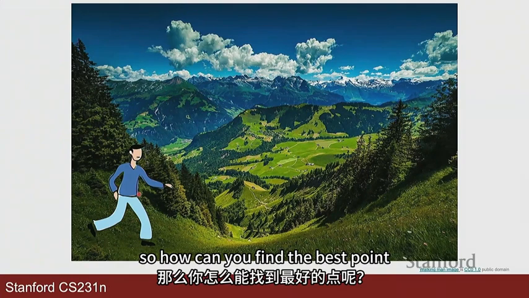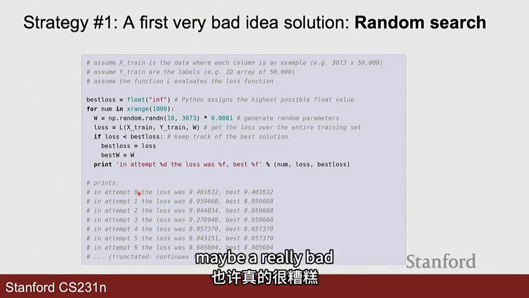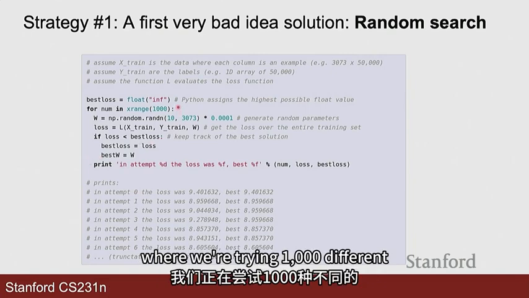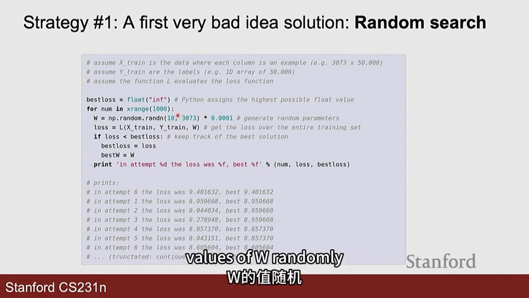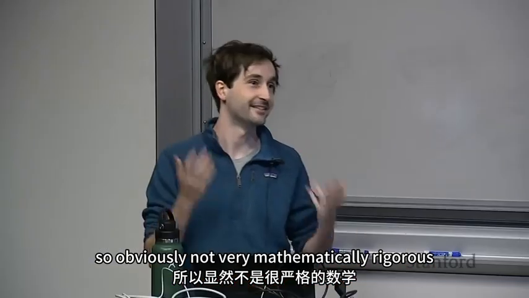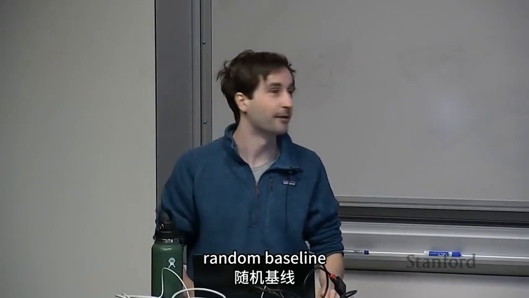So how can you find the best point? We could go with a really simple idea, which is maybe a really bad idea, but it could work. Here it's basically a for loop where we try 1,000 different values of W randomly, and we just choose the best one. Obviously not very mathematically rigorous, but you will do better than a random baseline.